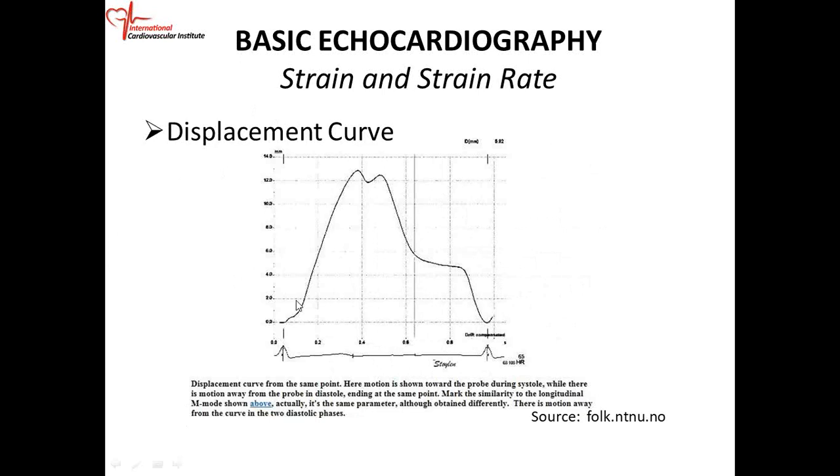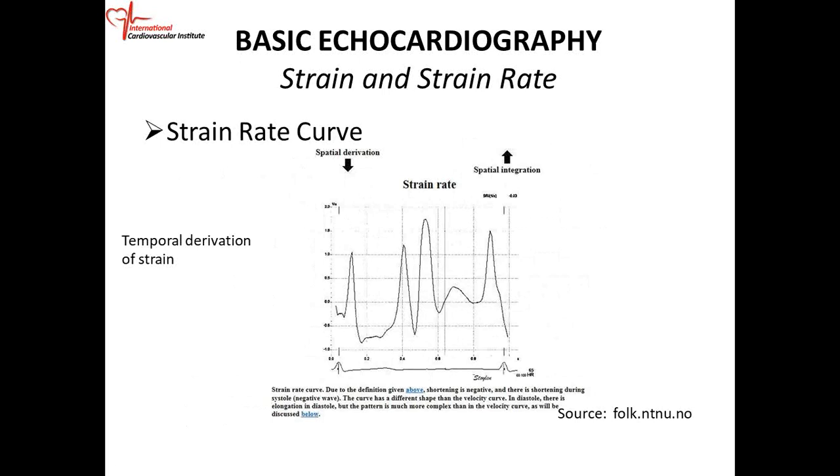Your displacement curve looks similar to your strain curve, but it's upwards. And then the strain rate curve looks a little bit funny; it looks like your velocity curve inverted.